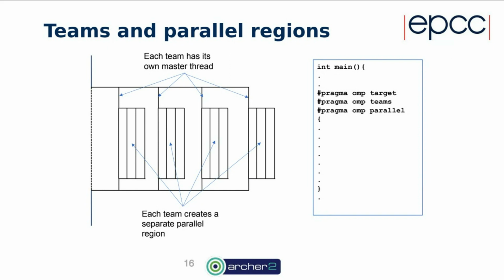The teams construct creates a collection of master threads, and then each of those master threads in turn creates a team of threads with the parallel region. So each team creates a separate parallel region. Once we're inside this parallel region, we can only synchronize with the other threads inside this parallel region and not across different parallel regions.